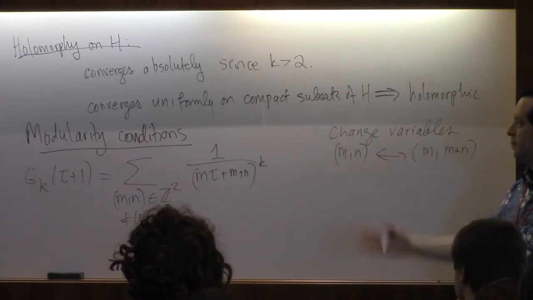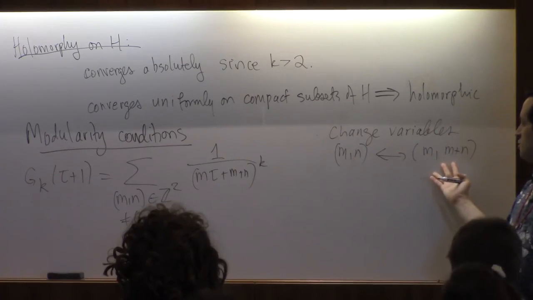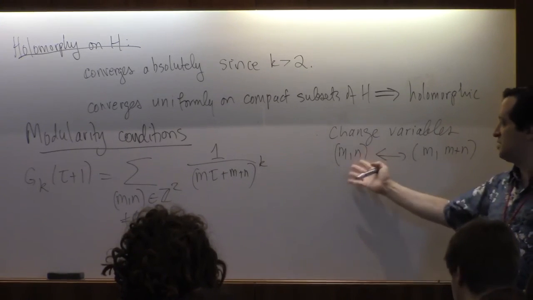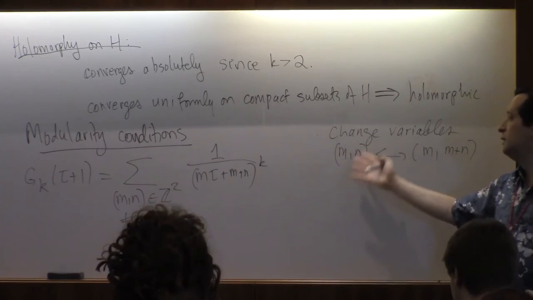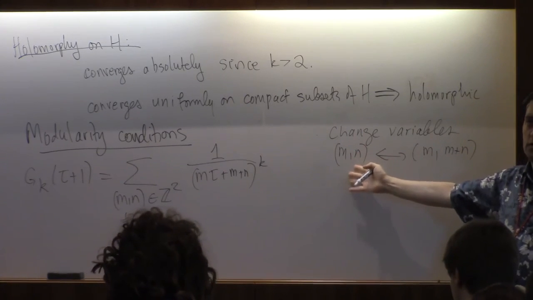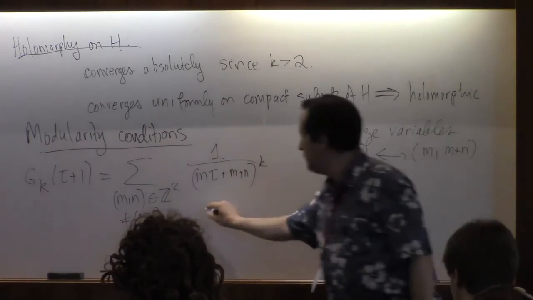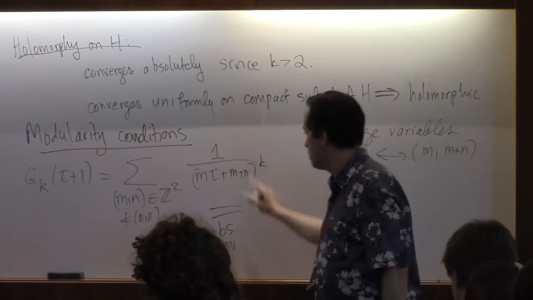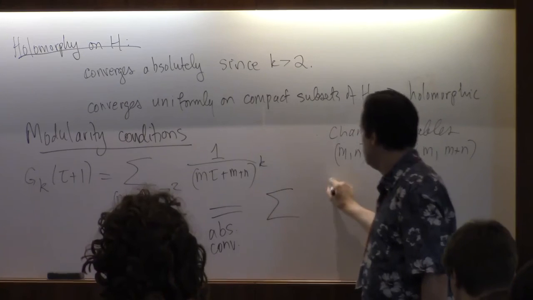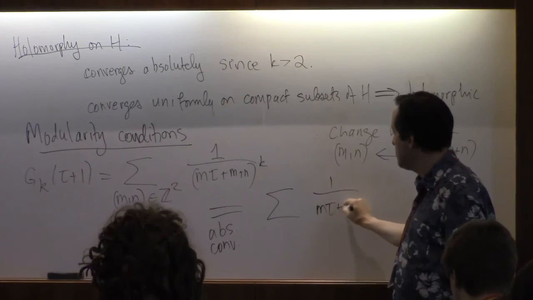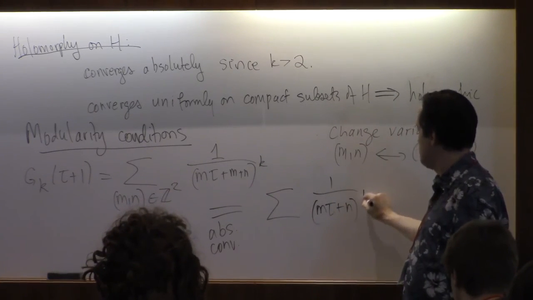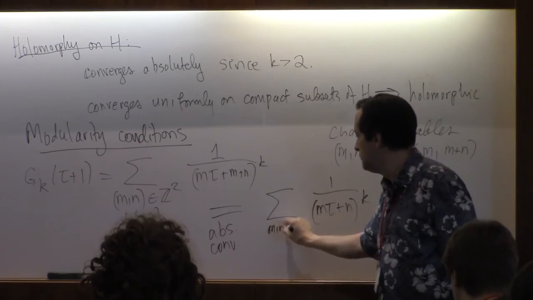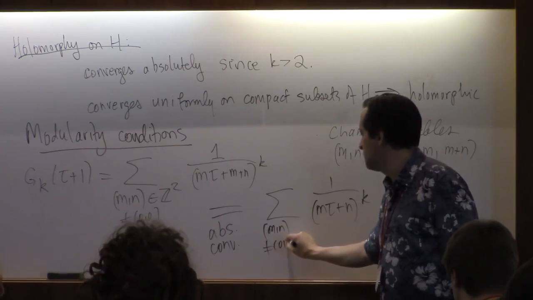And so this sum is summing over these pairs of integers that are not 0, 0, but that's the same set overall, in a different order, as pairs m, n that are not 0, 0. And so thanks to absolute convergence, we can reorder the terms, and with a different meaning for m and n, or at least a different meaning for n, we get the series back.